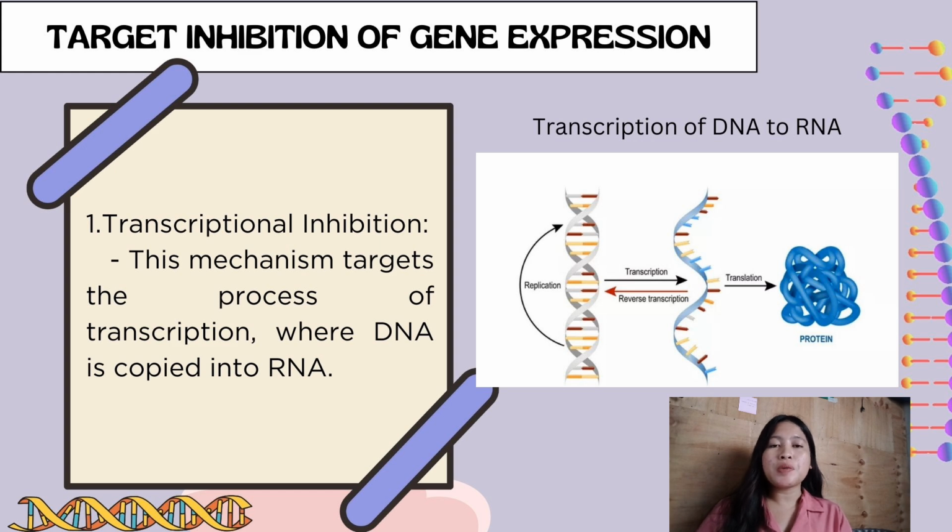Dito rin sa transcriptional inhibition ay pinipigilan yung gene sa DNA na maging RNA. And once na maging RNA, yung DNA ay umuulit lang yung protein na meron yung RNA sa katawan natin. So, dapat yung gene sa DNA hindi pwedeng maging RNA kasi bababa yung chance na mag-growth or yung development ng body ng tao.